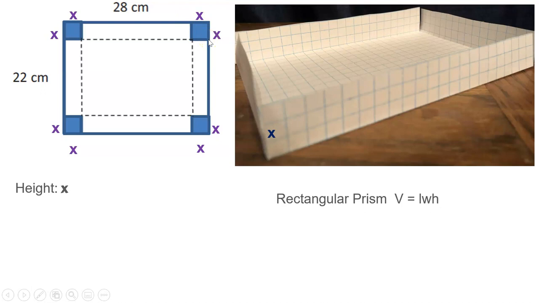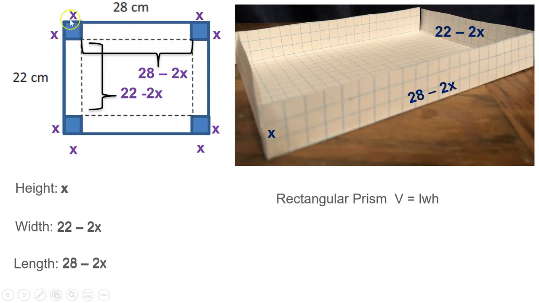The width of the box can be represented as 22 minus 2x, and the length as 28 minus 2x. This is still a rectangular prism, so to model the volume of the box when the height is x units long, the volume is still found by multiplying length times width times height. This gives us a function formula.